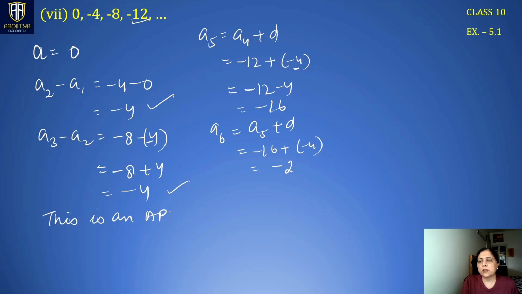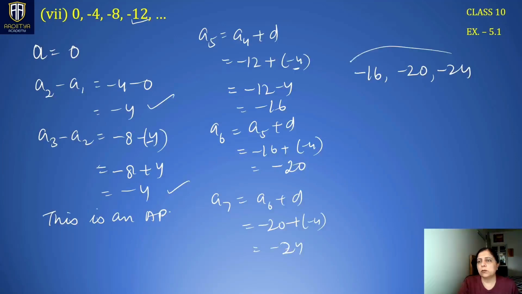So this becomes negative 20. a7 is a6 plus d. a6 is negative 20 added to negative 4. So this becomes negative 24. So, this being an AP, the next three terms are negative 16, negative 20, negative 24.